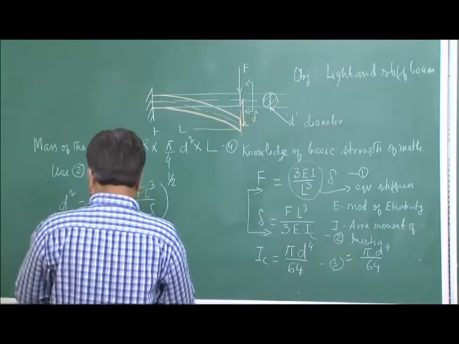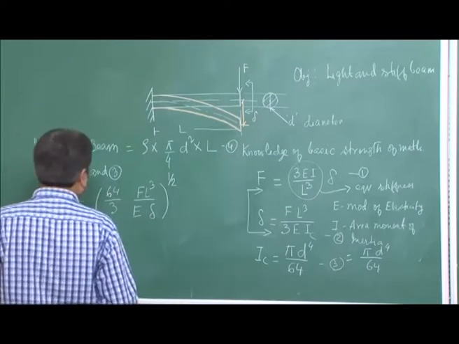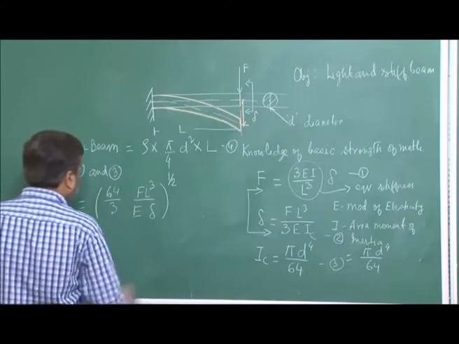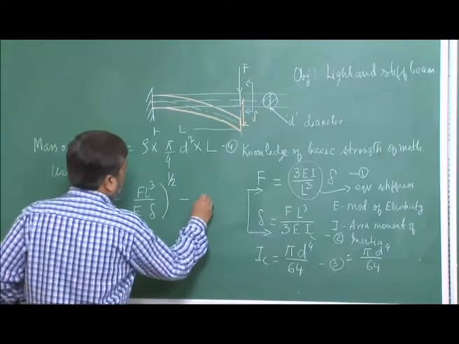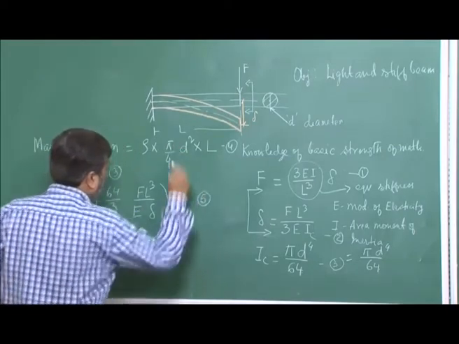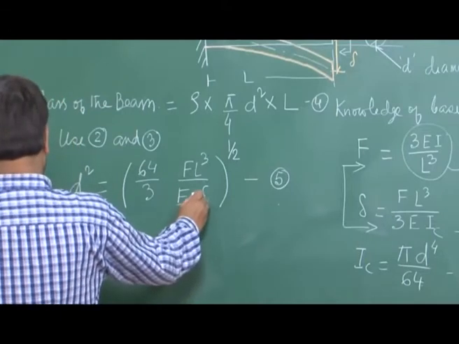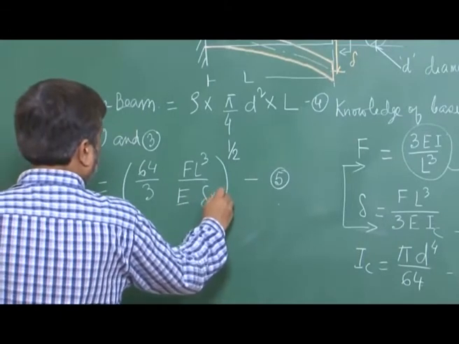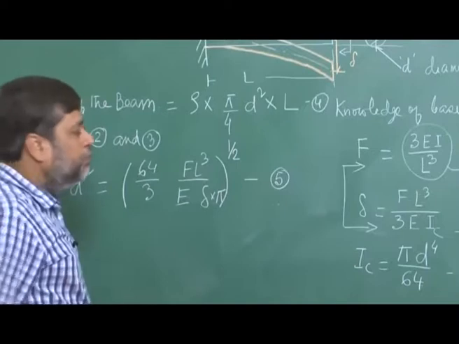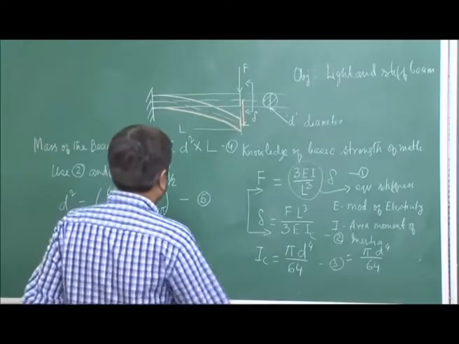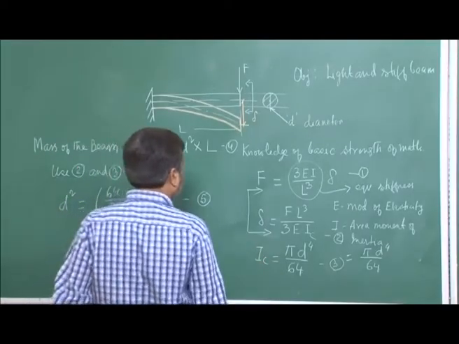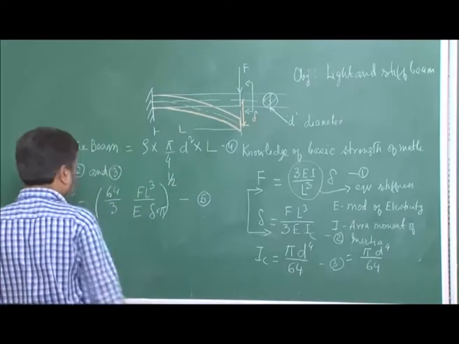That is my expression for d square, and let us say this is my equation 5. Yes, we also have E and pi here, E delta pi, right.